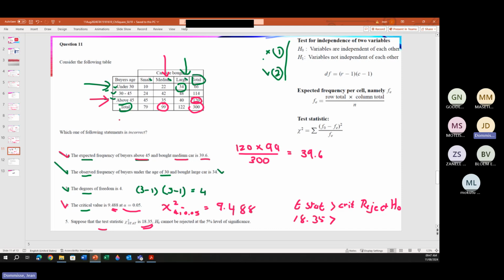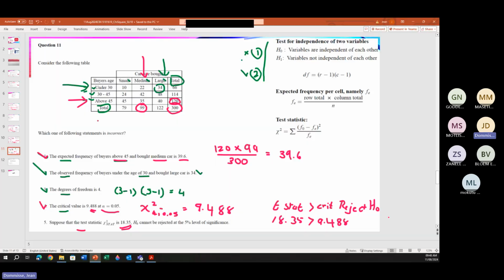That is bigger than 9.488. So we will reject the null hypothesis. And they say, suppose that the T stat is such that H0 cannot be rejected. That is wrong because we will reject it. So option 5 is the wrong one.